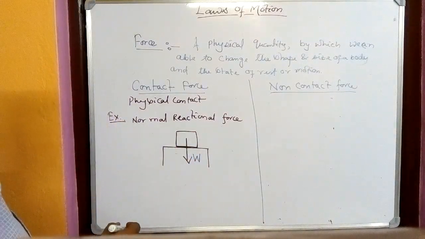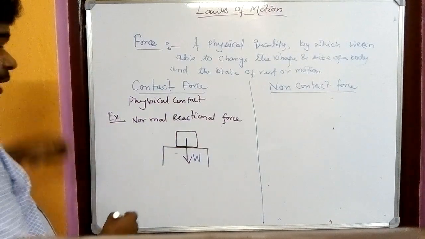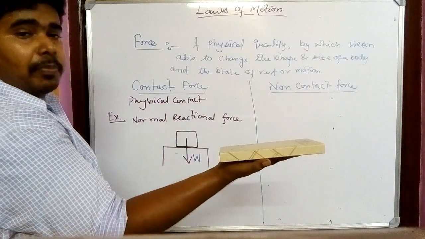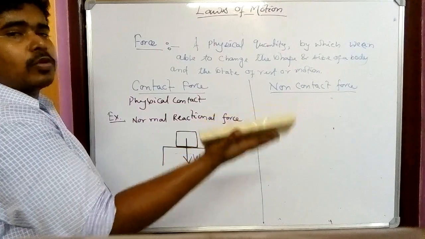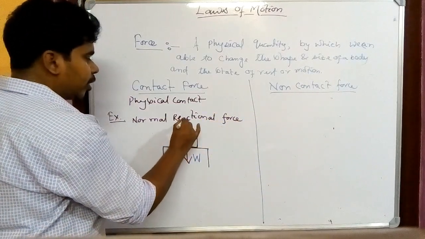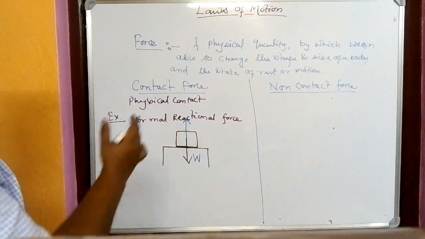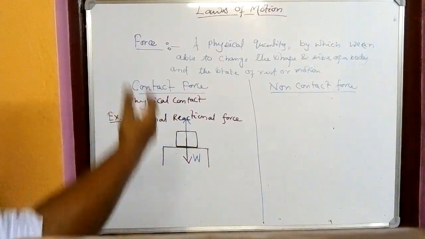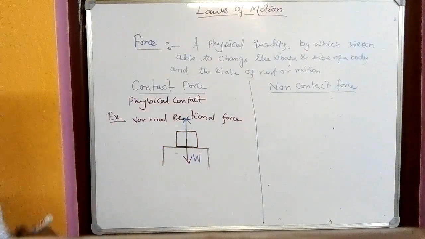As the weight acts downward, a reaction force is applied by the table, or if I hold it on my palm, the palm gives a reaction force to the diary in the perpendicular direction upward. As it is a reaction force acting normally, perpendicularly, that's why it is known as normal reaction force.